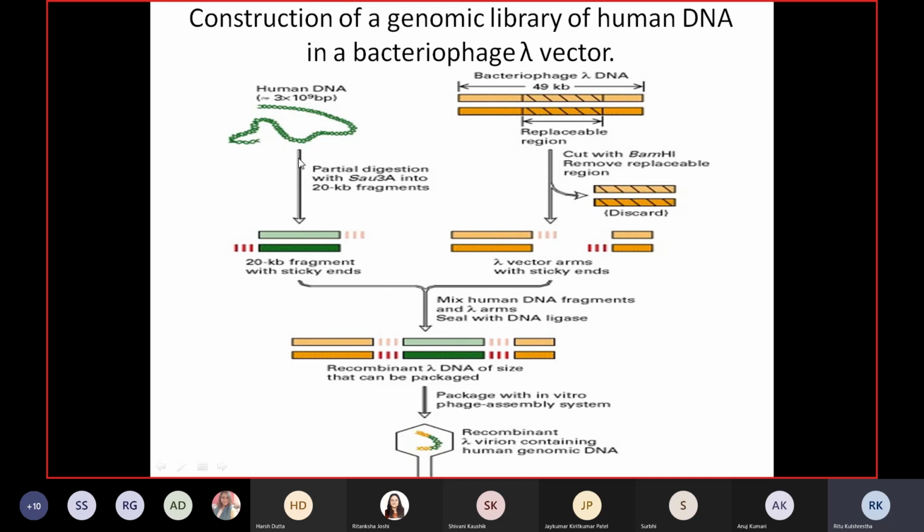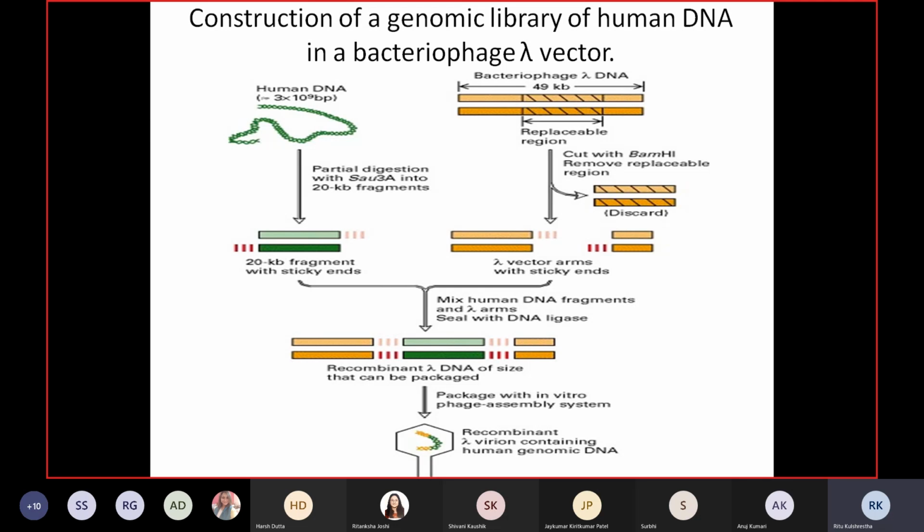I have cut this DNA with Sau3A1 and this with BamH1 because these two are compatible ends, they both make GATC overhangs, so the ligation will be very easy between the two.